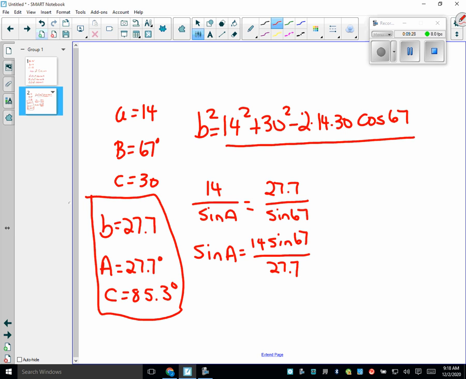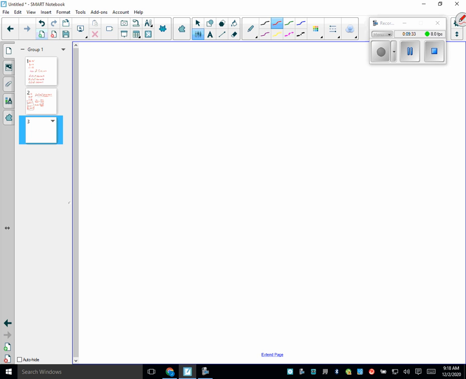Okay. Let's do a hard one. You're thinking, how hard can it be, right? A is 28. B is 17. C is 25. Okay, so what angle would I find first?